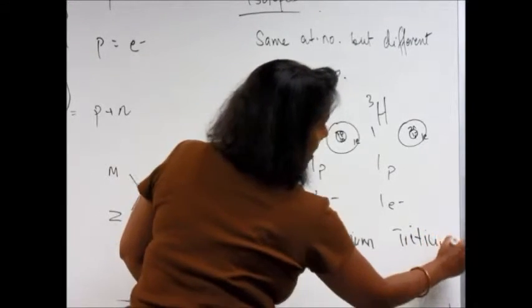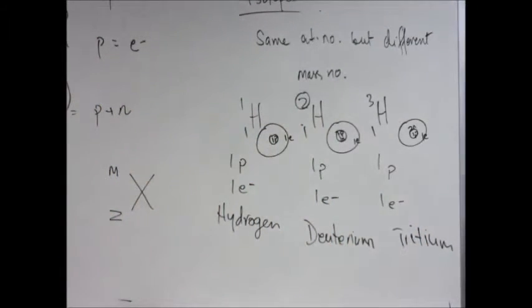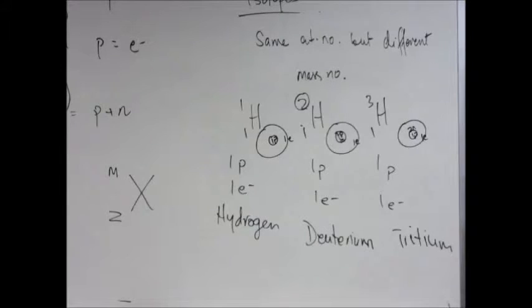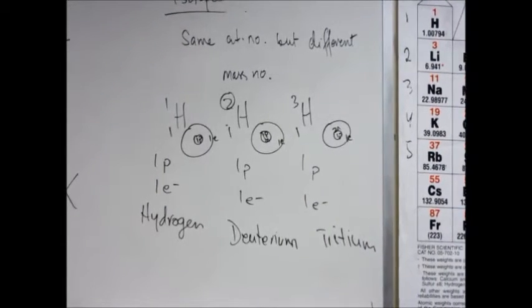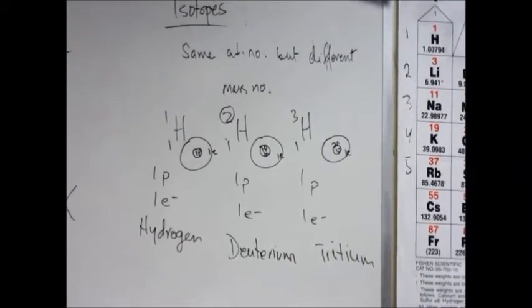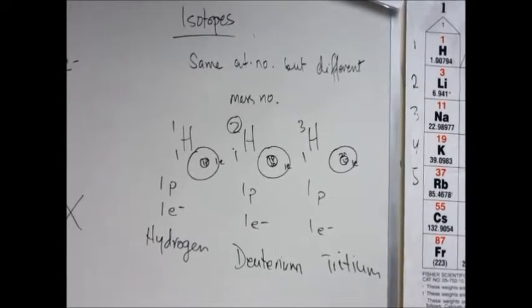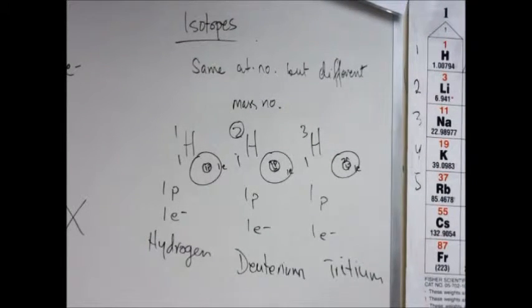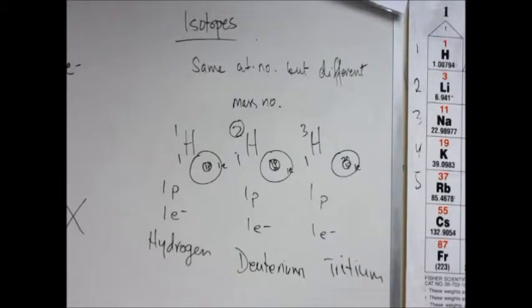And hydrogen is the only element whose isotopes have names. Okay, all the other isotopes are just known as calcium-40, calcium-42, or sodium 24, 23, whatever it is. Okay, but hydrogen is very special that way. So its isotopes have names also.